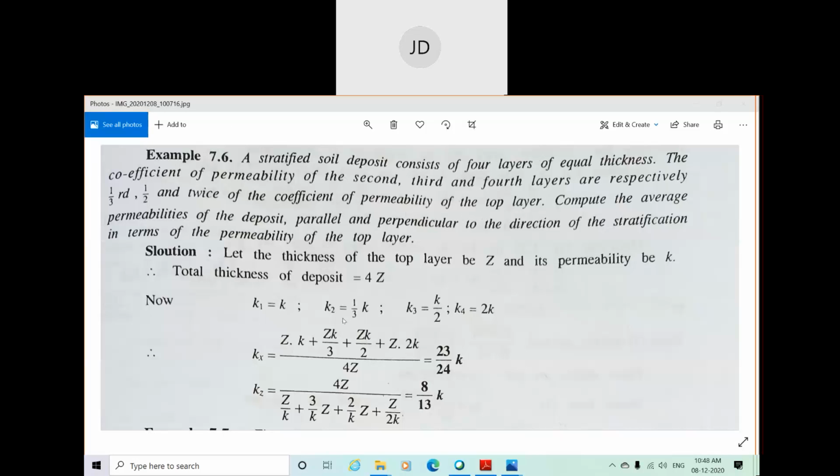That means K2 equals 1/3 of K. Similarly, K3 equals half of K. It is given.